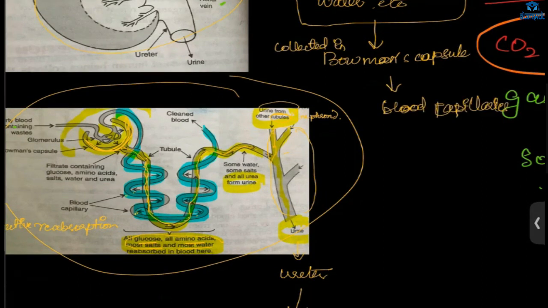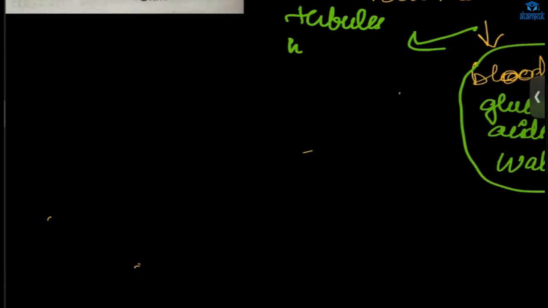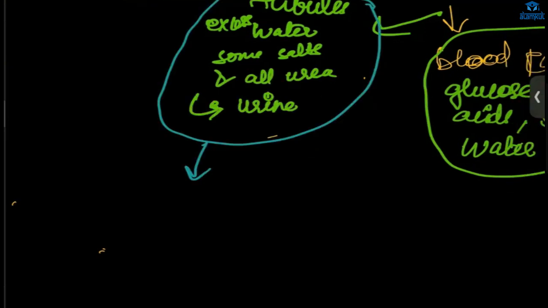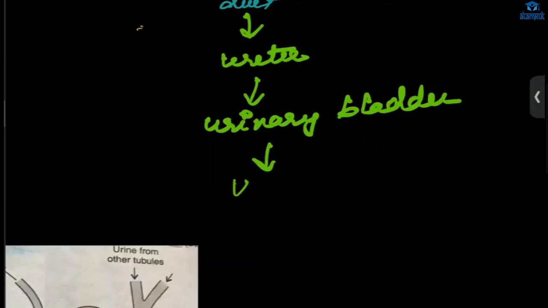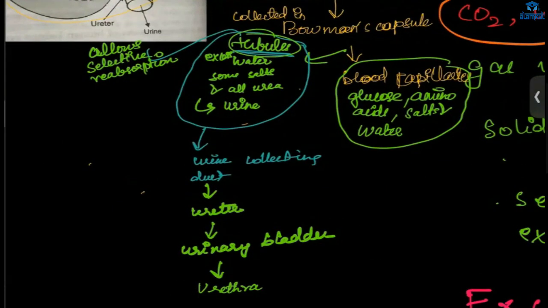What substance will they take? Glucose, amino acid, salt. And the tubules will take excess water, some salt, and all the urea, from here to the urine collecting tubule. Then what is the last thing? Now, is it easier?